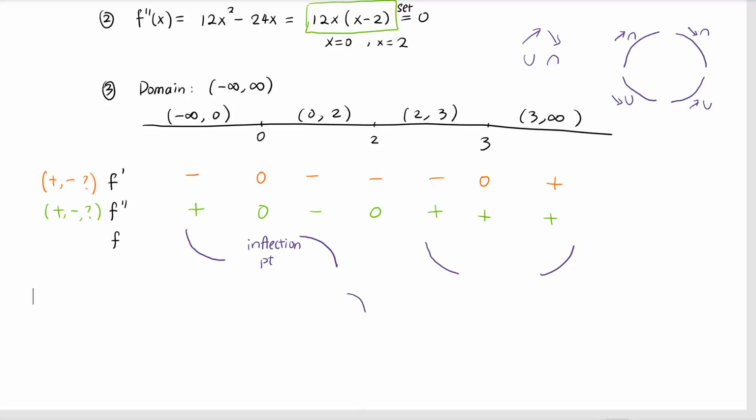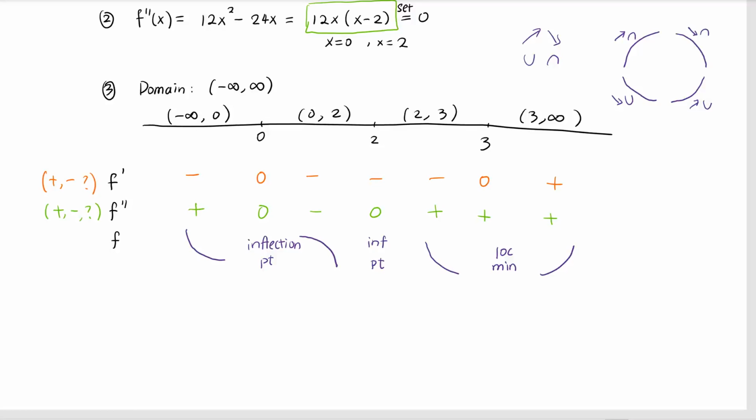Here we have decreasing and then also decreasing. So you can see this is neither maximum or minimum, but it's an inflection point. And this one, we have this piece and then this piece. So what do you say? This is a local minimum.